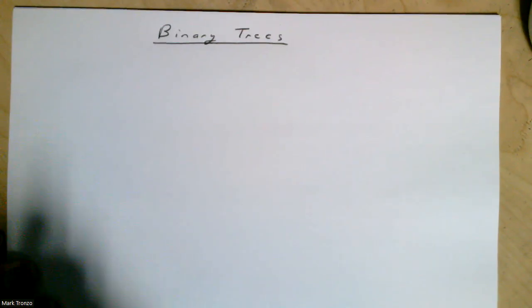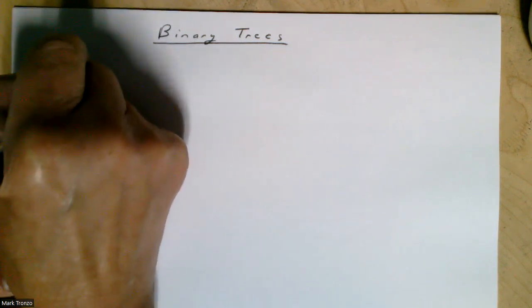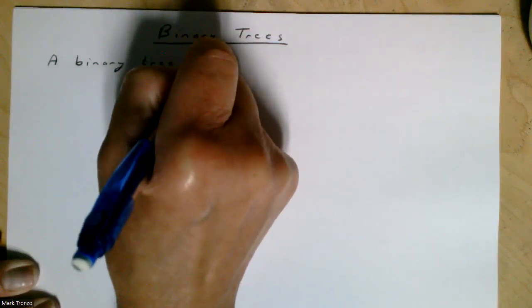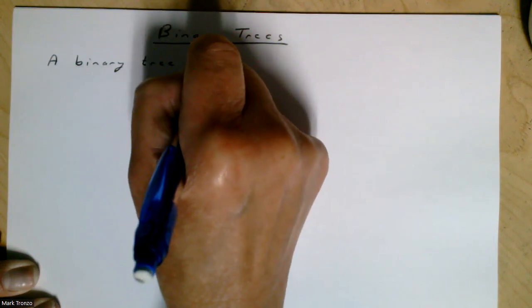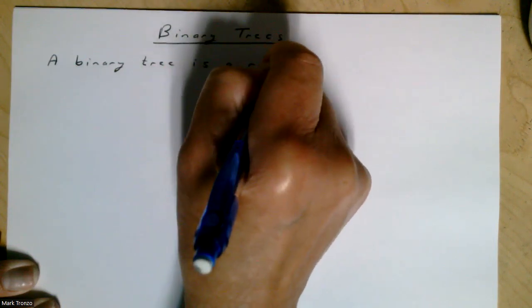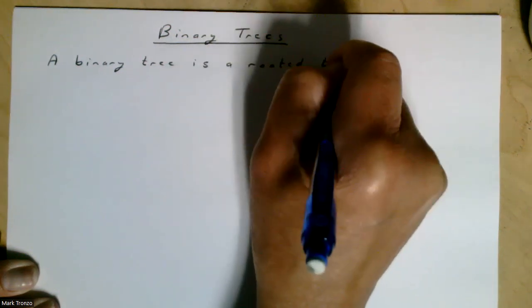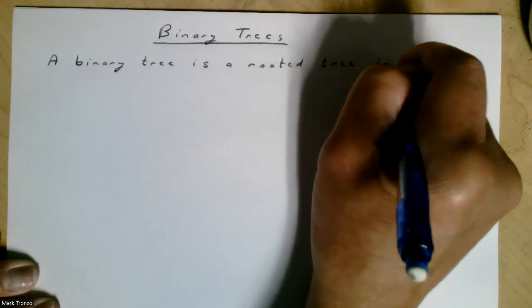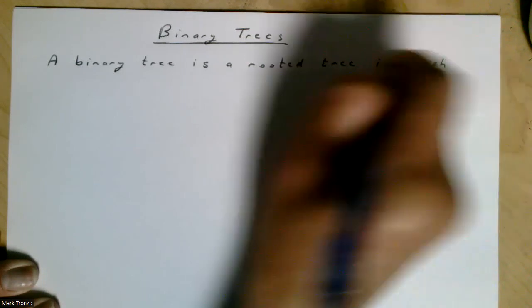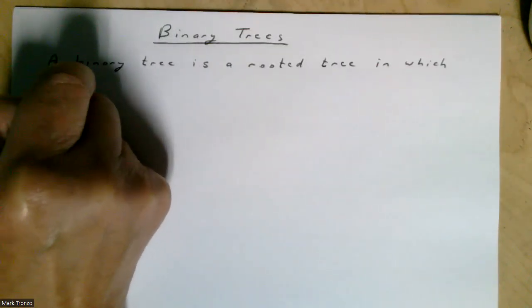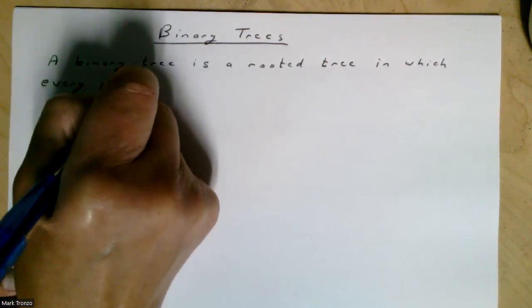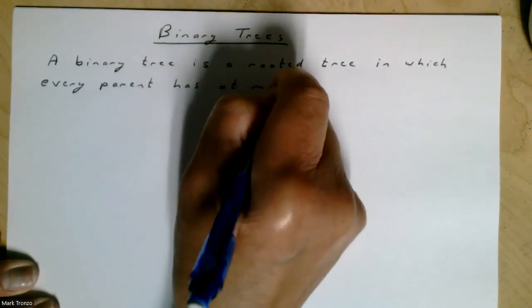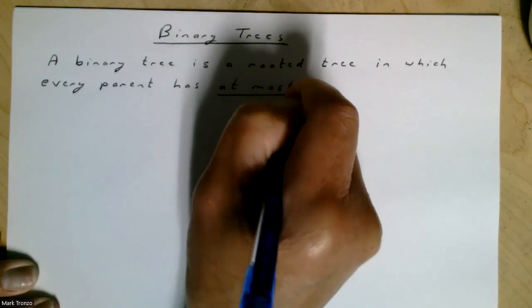Okay, binary tree. A binary tree is a rooted tree in which every parent has at most 2 children.